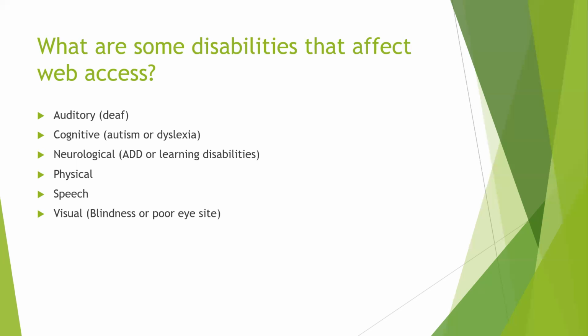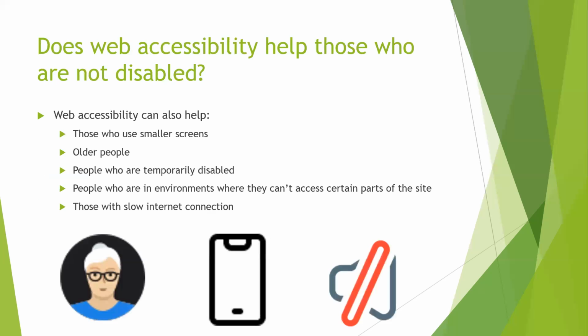You want to make sure your site has alternatives for people who may not be able to read what's on there, or making it so that the text can be large enough or that the colors make it easy to read what's on the site. A lot of these kind of tie into each other. So just keeping these different disabilities in mind can help us with our designs.